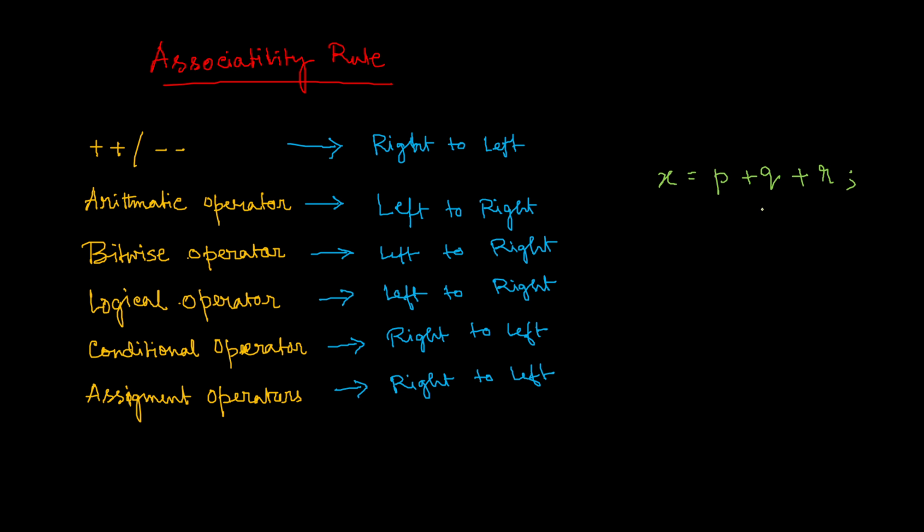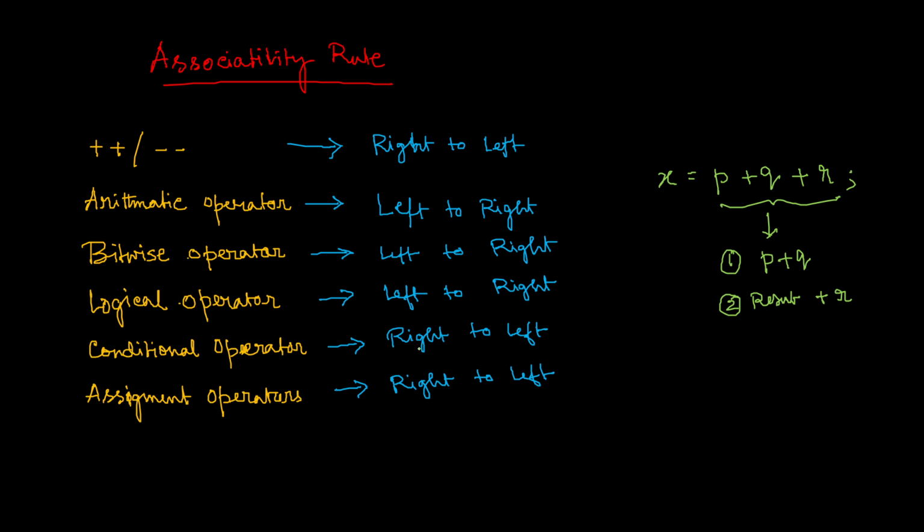So the computer will break down this statement into two lines. First it will produce p plus q, then the result will get added with r. Similar thing for the other cases also. So depending on that, the result varies.